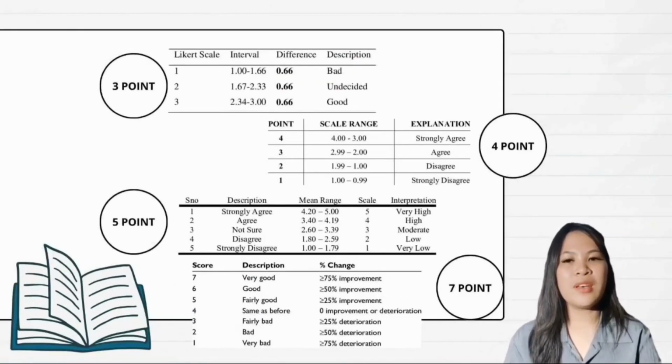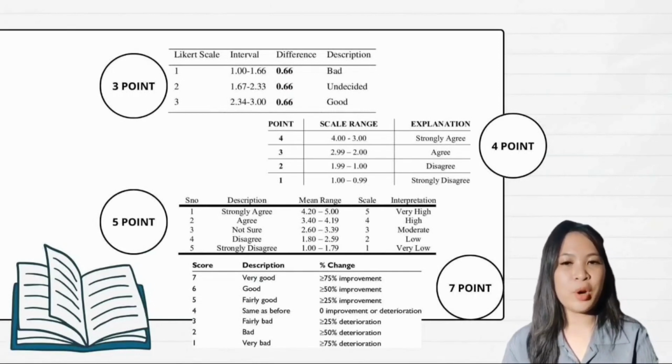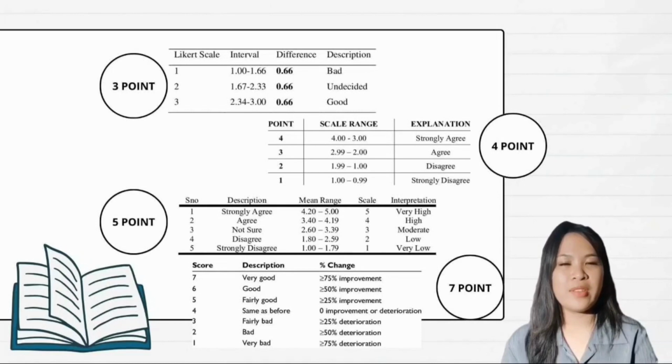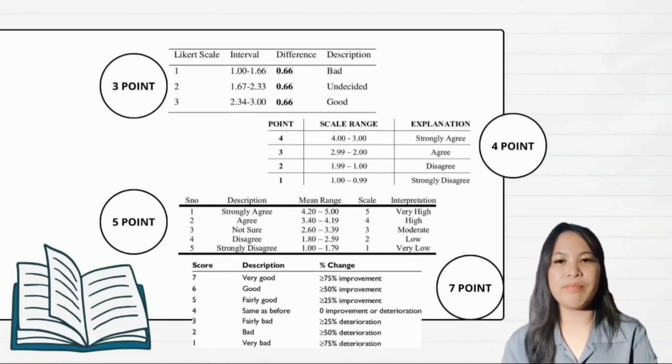The size of a Likert scale may vary. The most common sizes are the 3-point, 4-point, 5-point, and 7-point Likert scale. So it provides possible answers to a statement or questions that allows the respondents to indicate their positive to negative strength of agreement or strength of feeling regarding the question or statement.